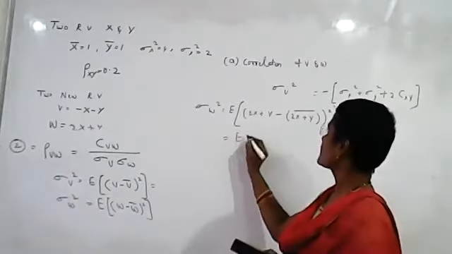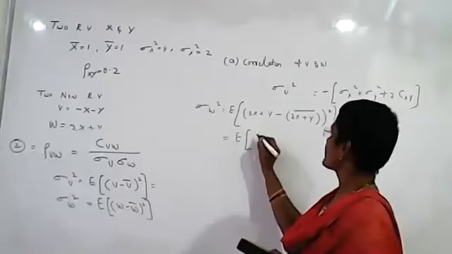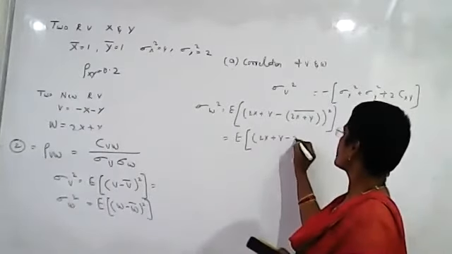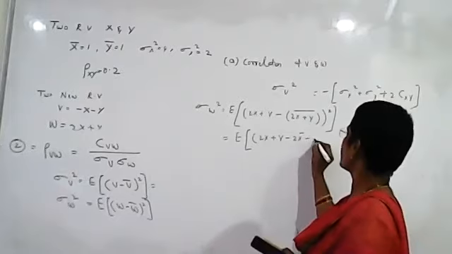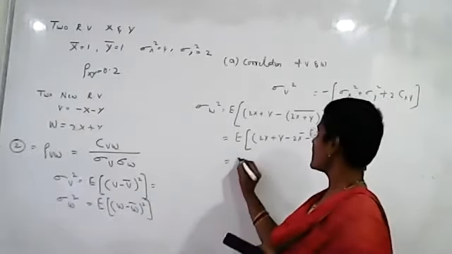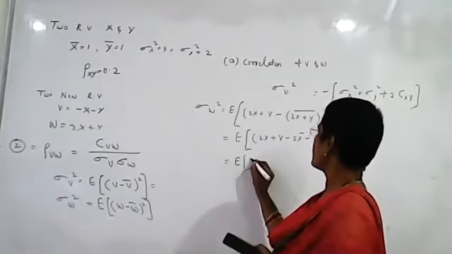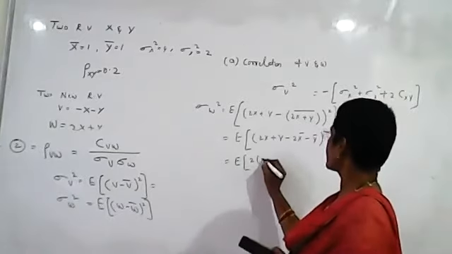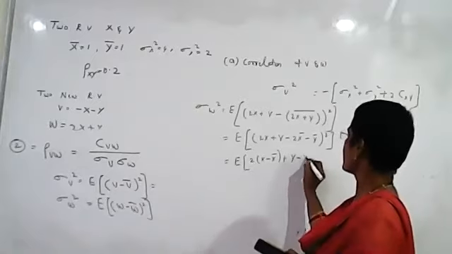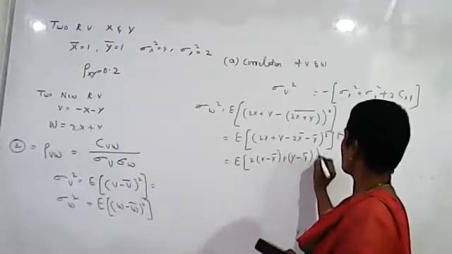So it is expected value of 2x plus y minus 2x bar minus y bar whole square. Then combine x terms and y terms: 2 times x minus x bar plus y minus y bar, whole square.